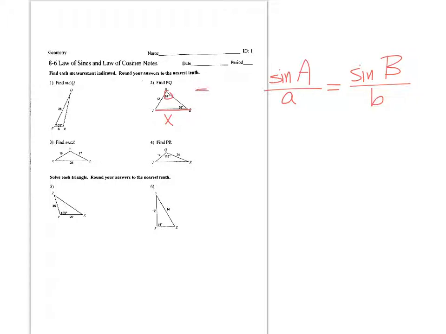So sine of 84 over x equals sine of 39 over its side, which is 12. Then we cross multiply again.